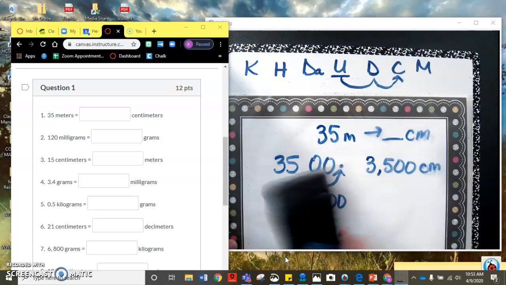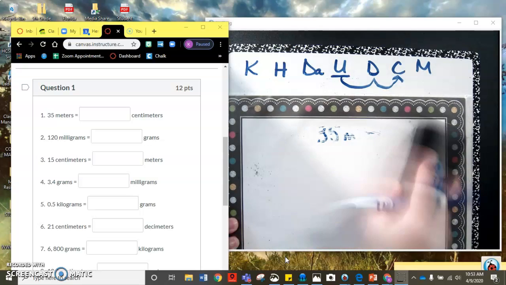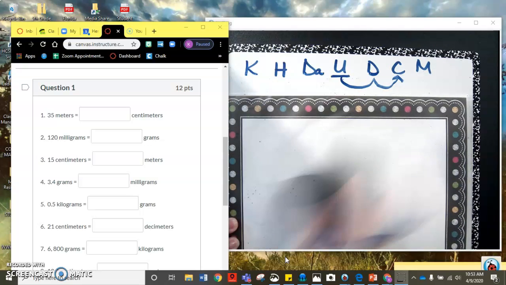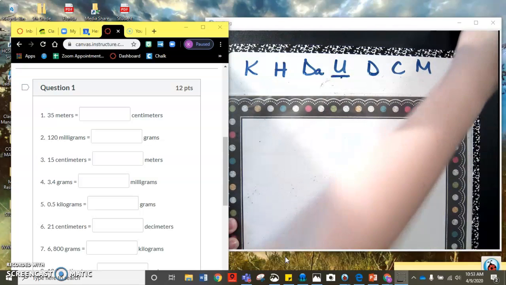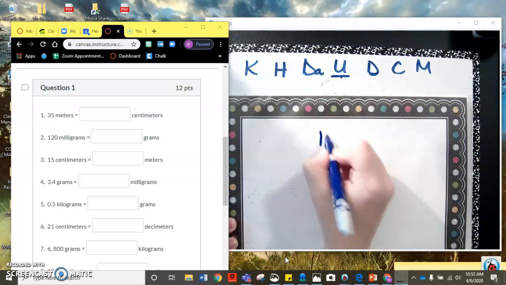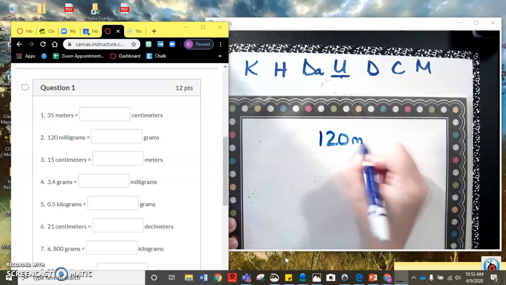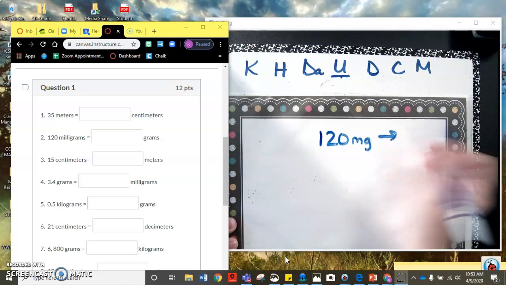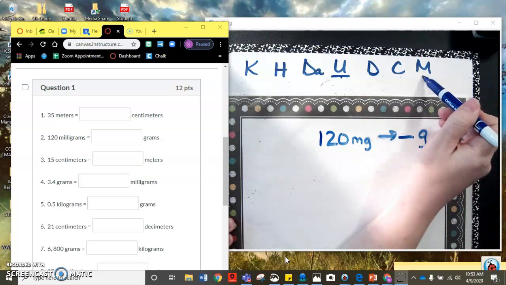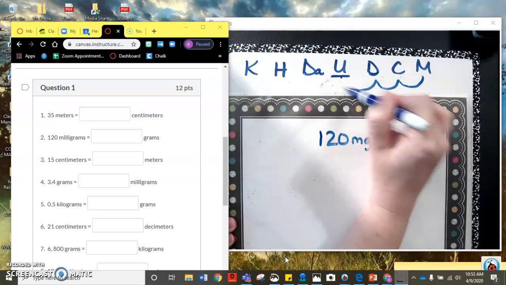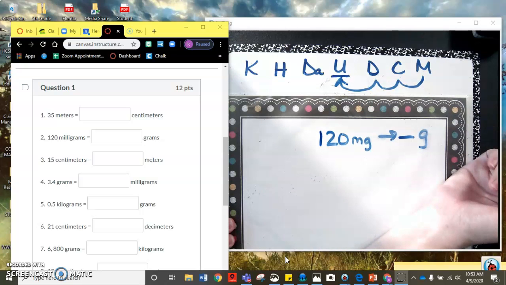Let's go ahead and do number 2. So with number 2, we have 120 milligrams, and we want to know how many grams that would be. So we're going to start down here at milligrams, and we're going to move 1, 2, 3 spots to the left this time.